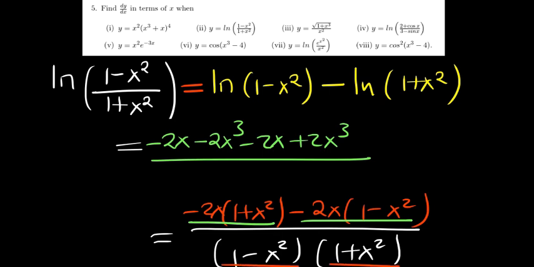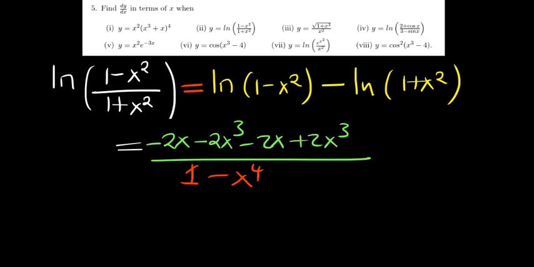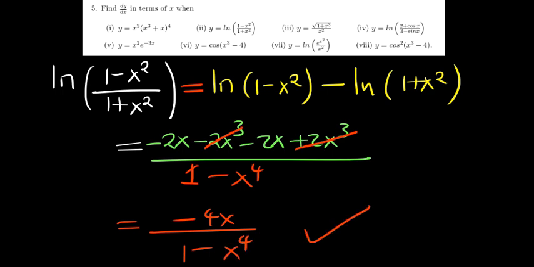So it will just be 1 times 1, and then negative x squared times x squared will be negative x to the power 4. If you want, you can go step by step, you still end up with the same result. This part and that part are of opposite signs. So on top we remain with negative 4x over 1 minus x to the power 4. That's where you end for part 2.